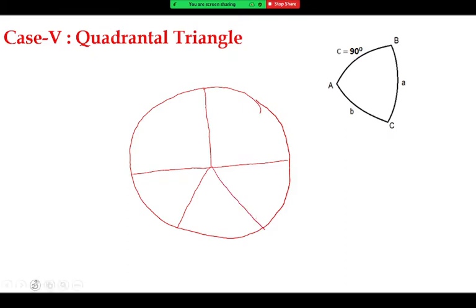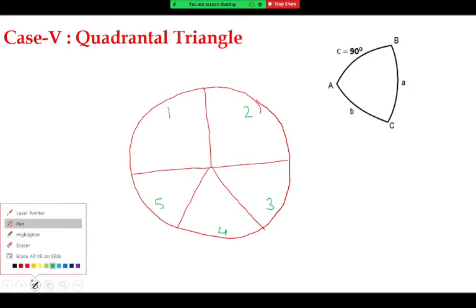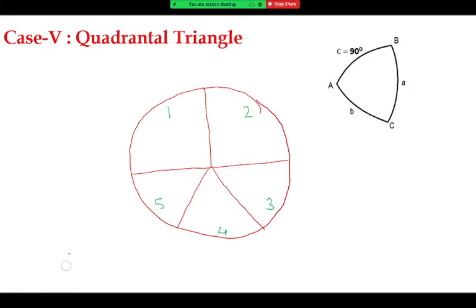Give the numbers to the circle, this part 1 to 5. So 1, 2, 3, 4 and 5. Now can you guess what should be in the part 1 and 2? Sir, small a and b. No, not correct. Sir, angle A and B. Angle A and B. So it is just like a right angle triangle.